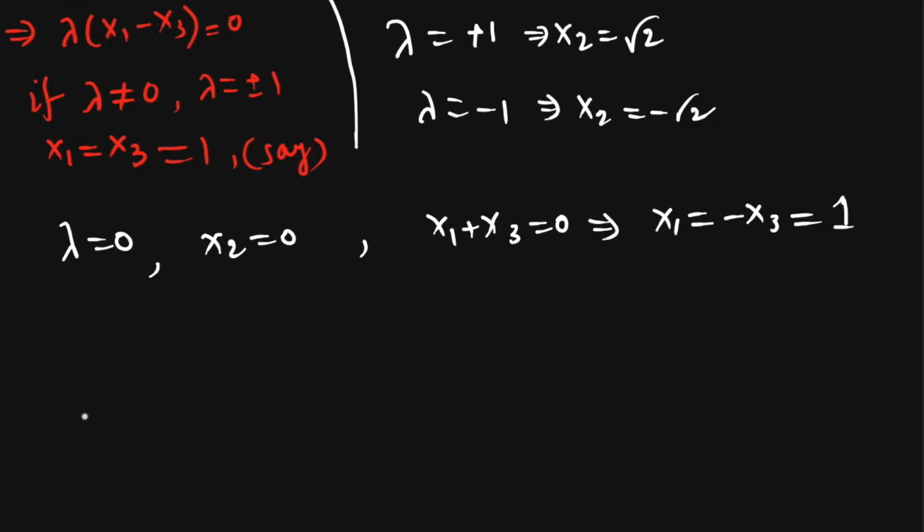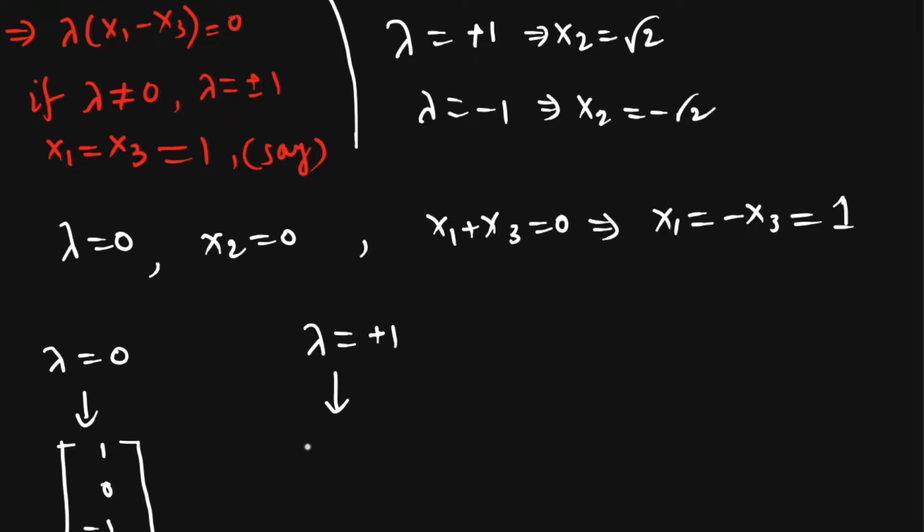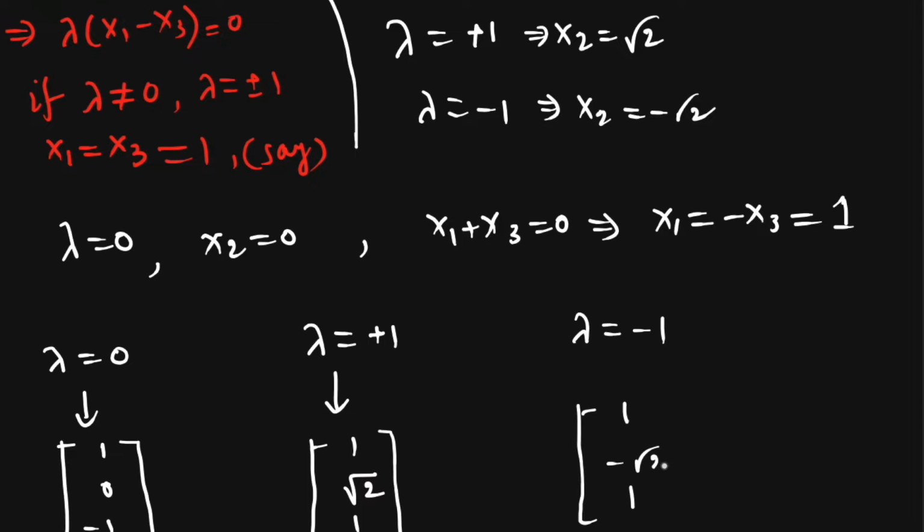Now our eigenvector corresponding to lambda equal to 0 is (1, 0, minus 1). Corresponding to lambda equal to plus 1 is (1, root 2, 1), and the other, for lambda equal to minus 1, is (1, minus root 2, 1).